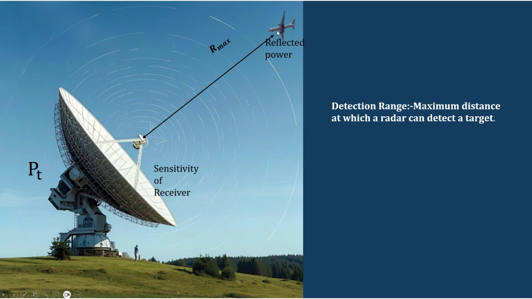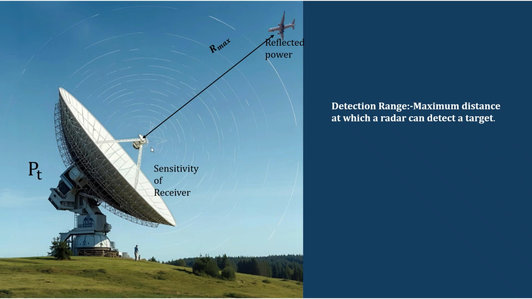But as the distance increases, the received power gets less, and sometimes it may be detected as noise level. So the detection range depends upon the sensitivity of the receiver, that is, the minimum power that a receiver can identify as a target.